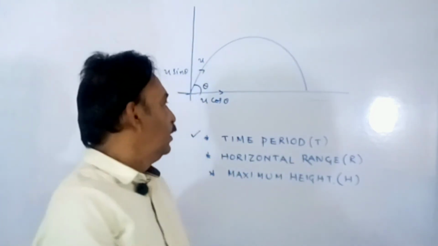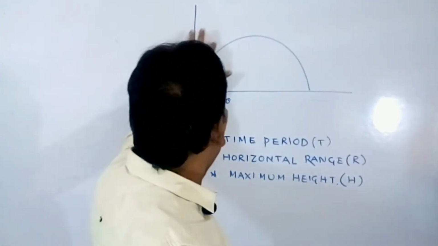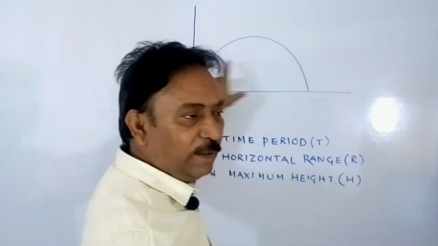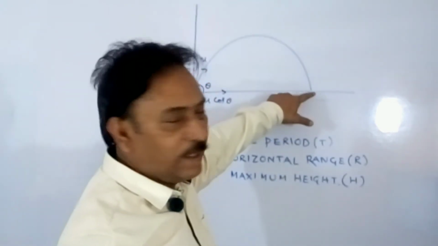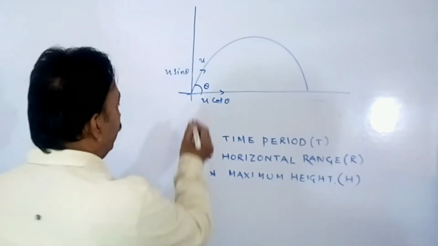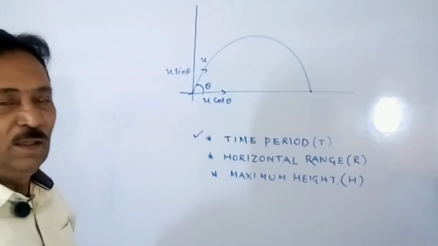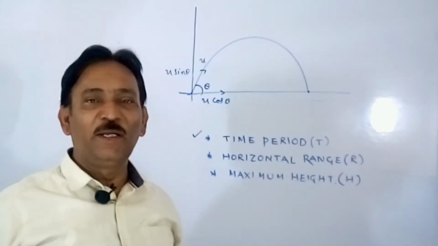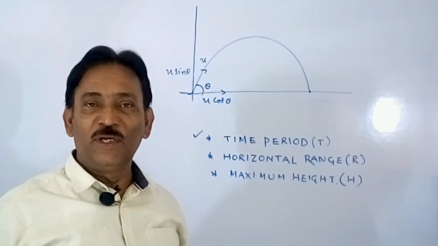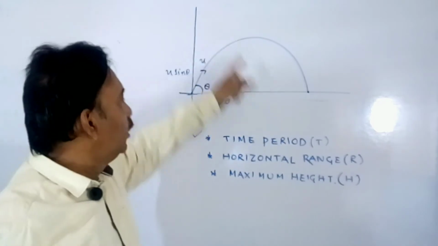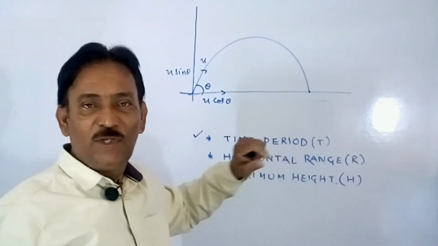That means the time taken by the projectile to travel along this trajectory. If you watch carefully, it starts from here and ends up here. Means the vertical displacement of the particle is equal to 0.